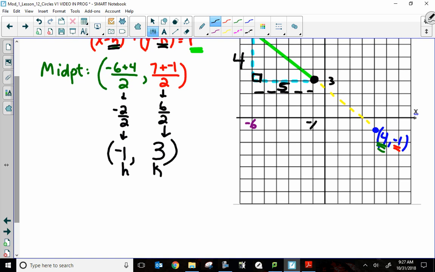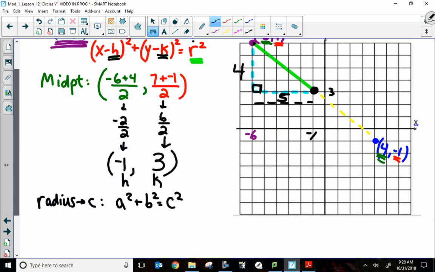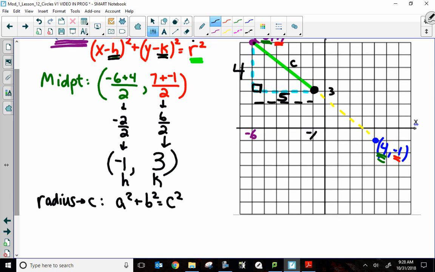So my radius is pretty much going to be the c value in a squared plus b squared equals c squared. Here's my c value, or my radius. So I have 4 squared plus 5 squared equals c squared.